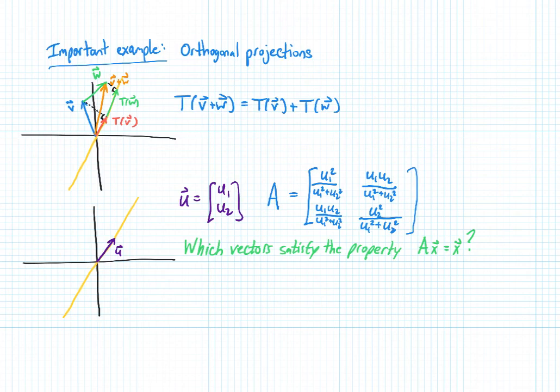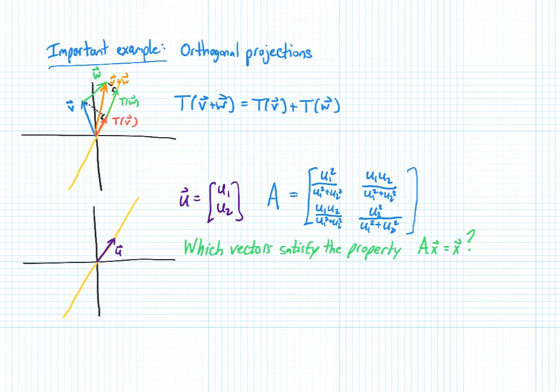But then on the other hand, if you just think about this transformation geometrically, you can almost see what the answer is right away. It's the vectors that are on that line, that yellow line. Because if you have a vector on that line, when you project that vector onto the line, it doesn't change the vector. It's just the same vector. And on the other hand, if you have a vector that's not on that line and project onto the line, then you're going to get a different vector.